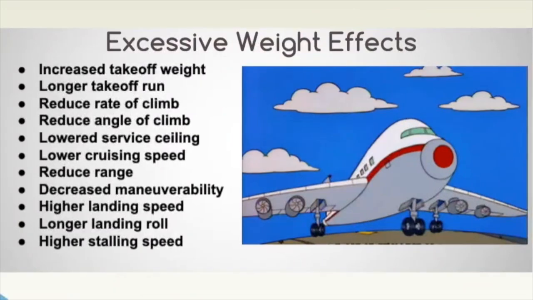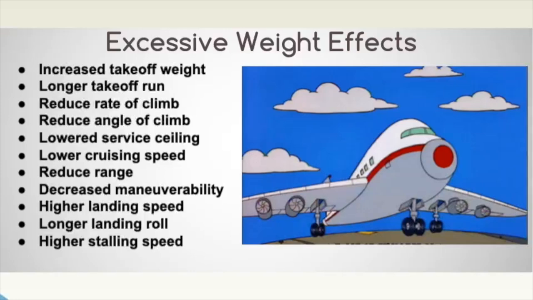So what's going to happen? We have excessive weight effects. Increased takeoff weight means a longer takeoff run. That means we're going to need more runway, more distance. It's going to reduce the rate of climb, which is very dangerous in case you have obstacles like cranes or trees. It's going to reduce the angle of climb and lower the service ceiling.